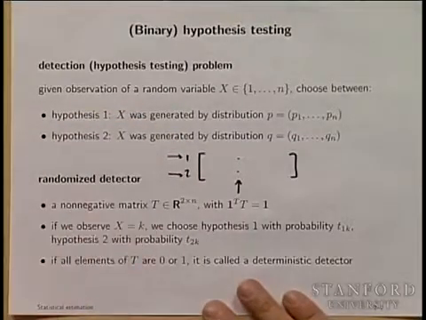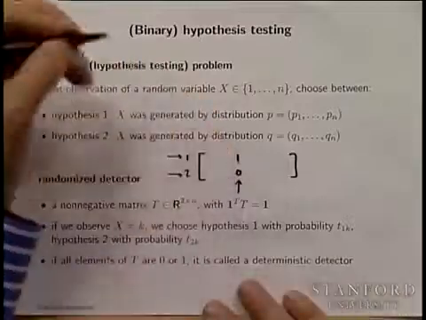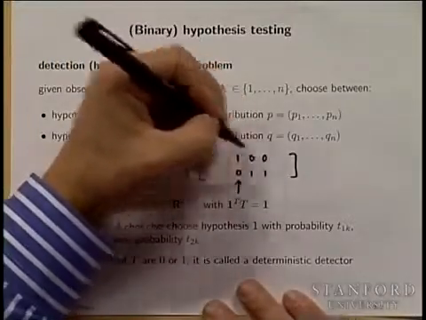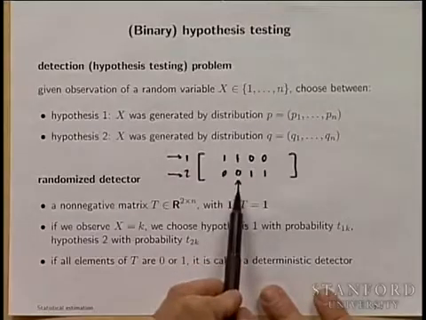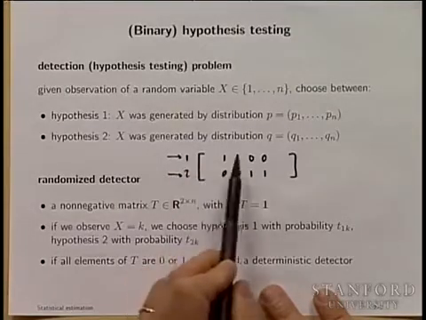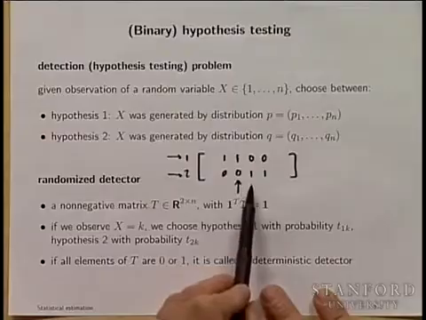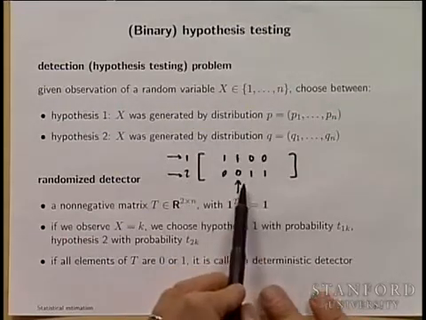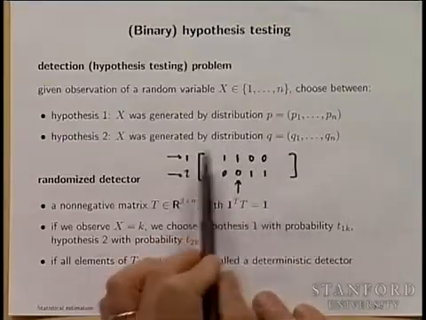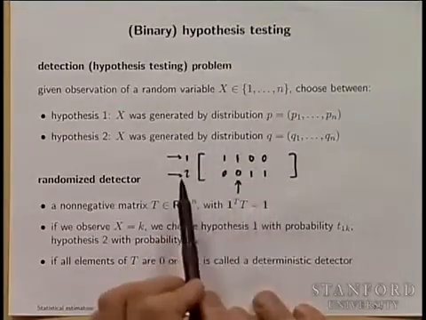Now, of course, often these things look like this. What this says is, if this is what you observe in x, you simply guess it came from hypothesis 1. If this is what you actually observed, you guess it came from hypothesis 2, or q. So if these are 0, 1 entries, it's a deterministic detector.